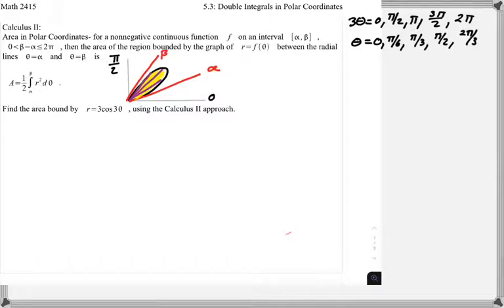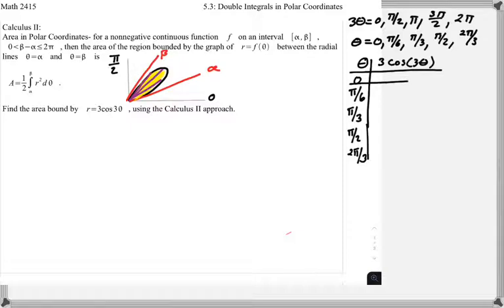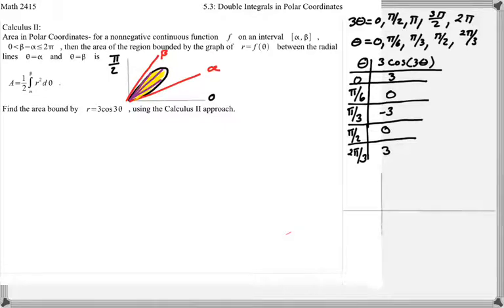Okay, and then we're going to make a table. So theta and 3 cosine of 3 theta, at 0, pi over 6, pi over 3, pi over 2, and 2 pi over 3. If we evaluate 3 cosine of 3 theta, that's going to give us 3, 0, minus 3, 0, and 3.